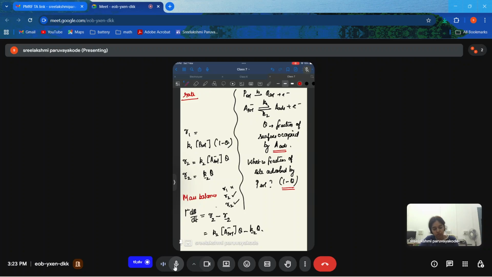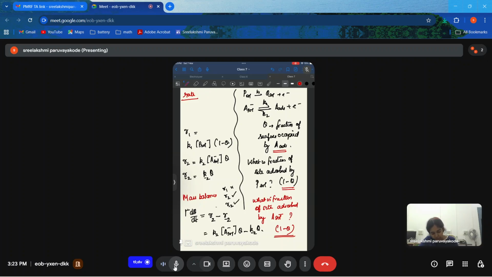Now, what is the fraction of site available to A solution minus? That is also 1 minus theta. So whatever is not occupied in that space, either A solution minus can continue to form A adsorb species, or P solution can compete to give Q solution.